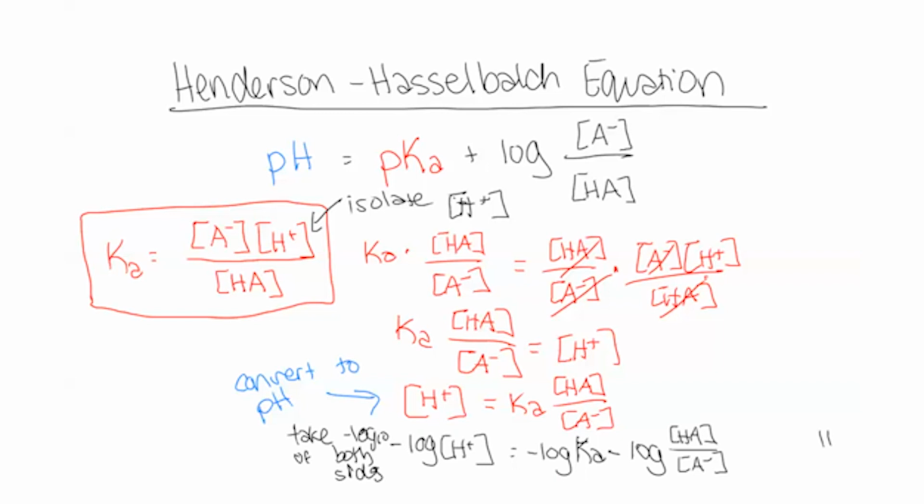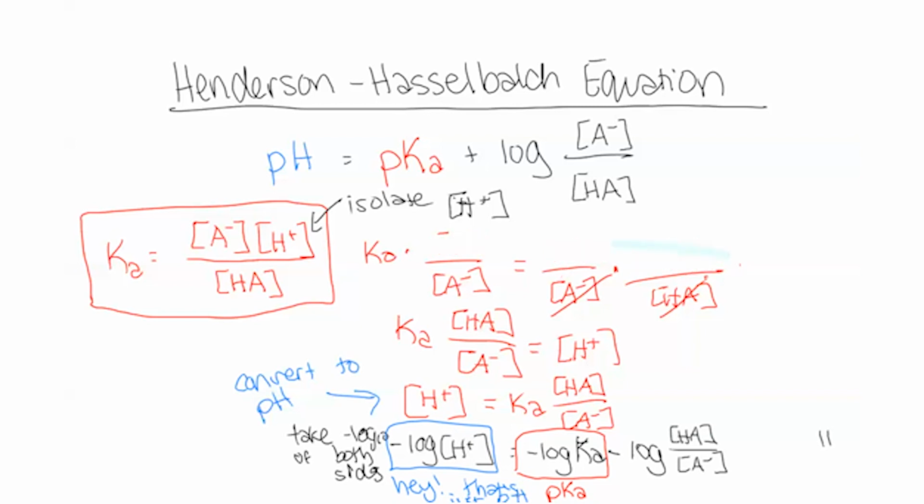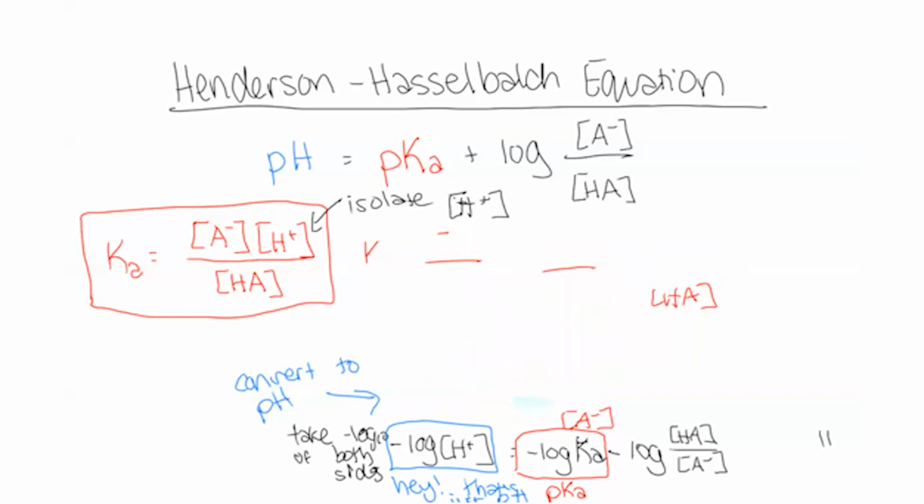And we want to do this because now we can recognize that this minus log Ka is what we were talking about as being the pKa. And what about this term, the minus log 10? That's just pH. So now we're just going to rearrange things yet again.